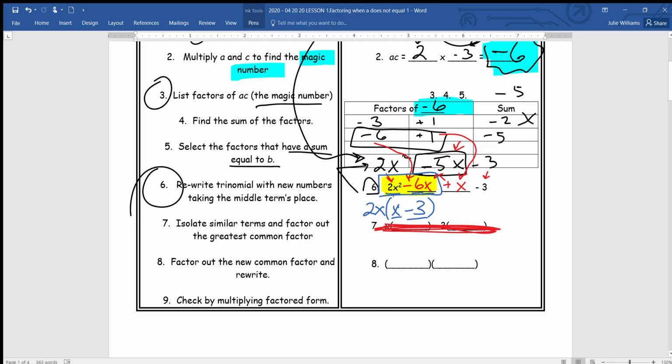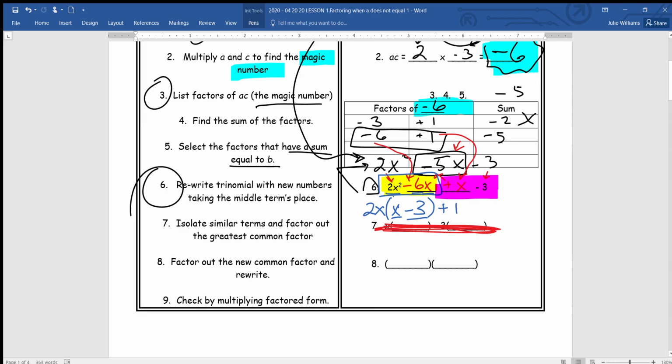Okay, now we're going to look at the last two terms. I'm going to highlight those guys a different color. Let's look at these two terms. Now again, we're looking for the greatest common factor. Well, the only common factor that those guys have is just the number 1. So I'm going to factor out a 1.